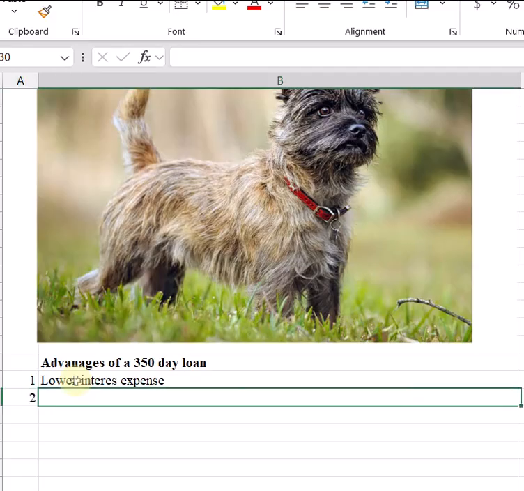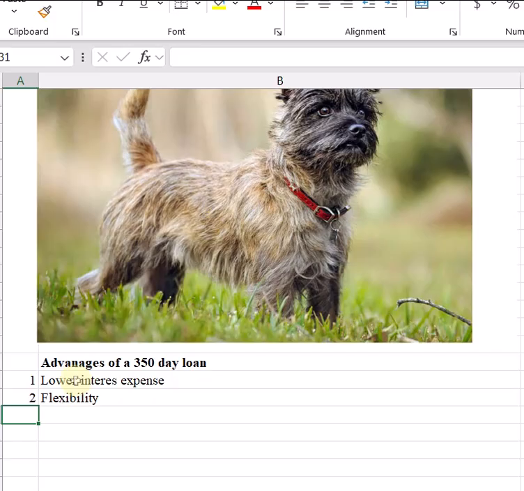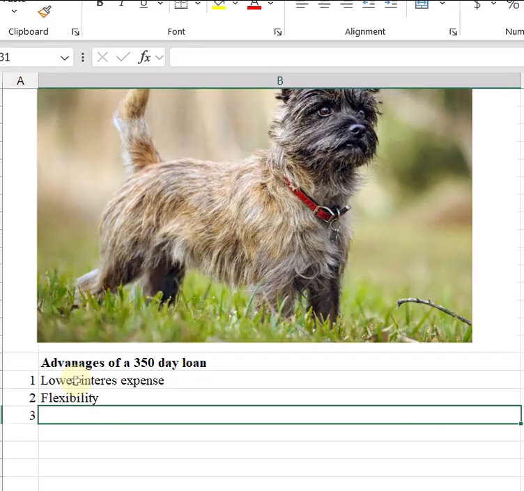Now, let's talk about flexibility next. The company could quickly repay the debt and reevaluate financing needs sooner, so it has a bit more flexibility with the 350-day loan versus the longer loan.